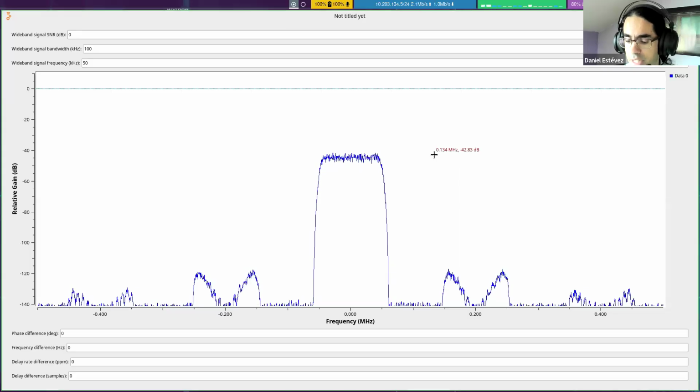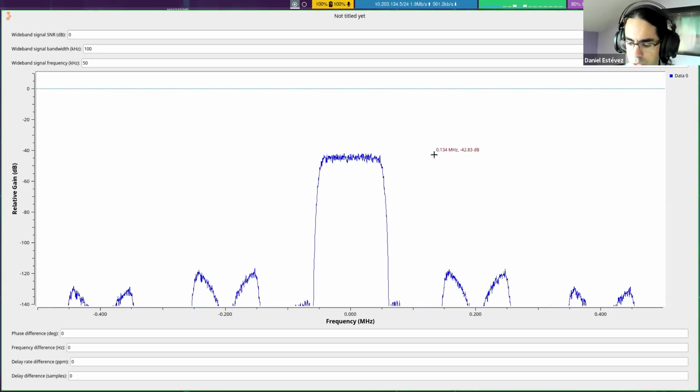So whatever distance is between the 2 receivers, assuming, for example, that the source is exactly due east and also at 0 elevation, so that it comes following the line of sight, then the time difference of arrival between the 2 receivers will be exactly the distance between the 2 antennas divided by the speed of light.